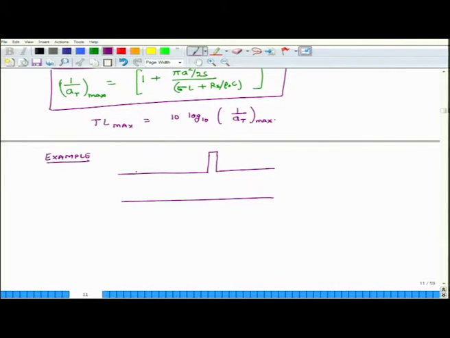So, side branch is not a Helmholtz resonator, but a closed tube, and the diameter of this pipe is D, sound is going in, the wattage going in is W in, wattage coming out is W out. Okay. This diameter of the side branch is 2a, the length is L.